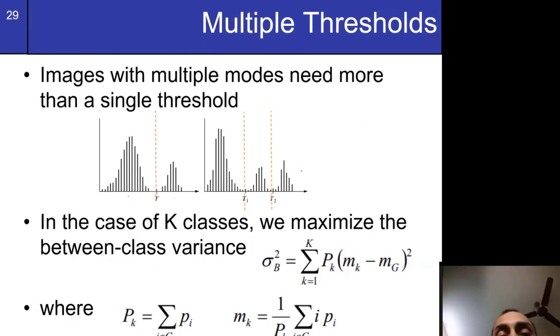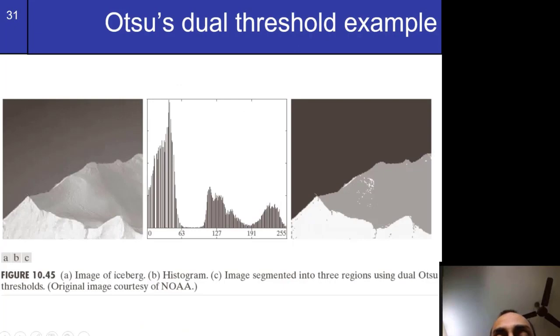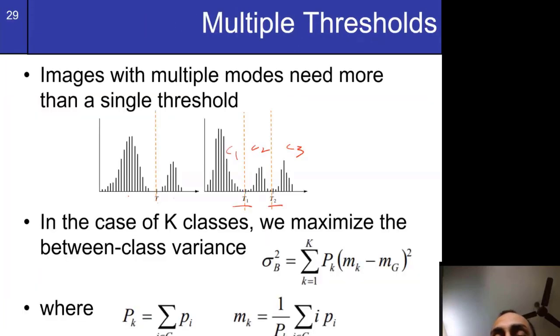Of course, you can extend it if you have more than two distributions. If you have, let us say, 3 distributions here, class 1, class 2, class 3, then you can extend it also. Instead of 2 classes, in the case of 3 classes we will have 2 thresholds instead of 1 threshold, and the method will be the same.